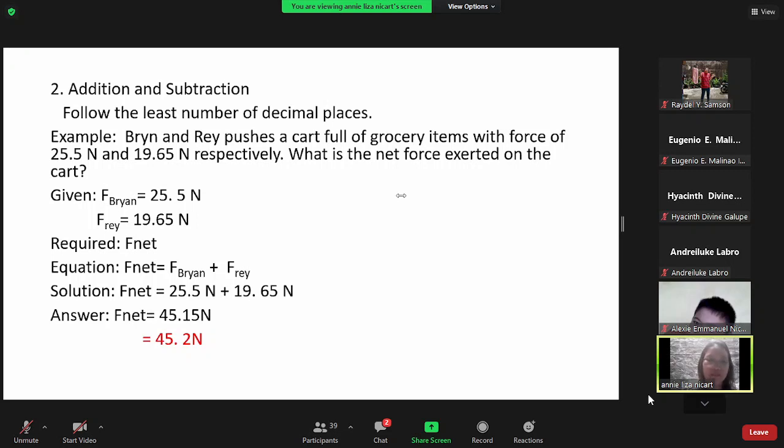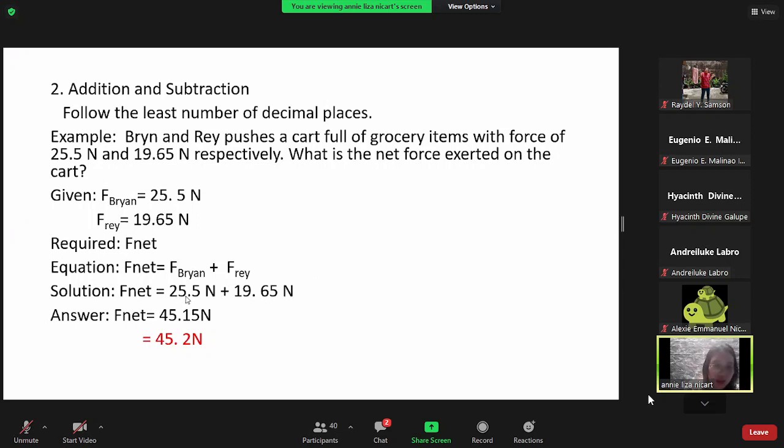So for the solution, you just add the values of the forces algebraically, meaning you have to include the sign, the direction of the force. Since the direction of Ryan's and Ray's forces is the same, they are both positive.